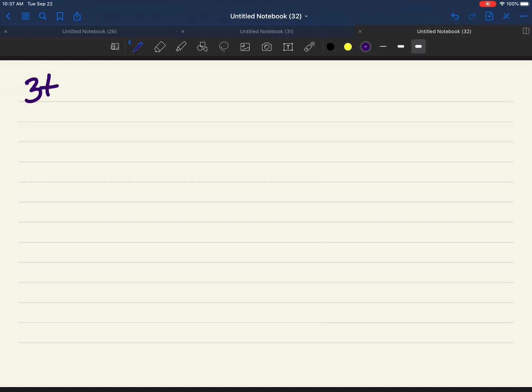So the first one we're going to look at is if I have 3t plus 7 is equal to negative 8. Gunnar, tell me first, what are we solving for? T. So if I'm solving for t, what would I need to move away from t first? 7. Okay. How would I get rid of 7? Subtract.